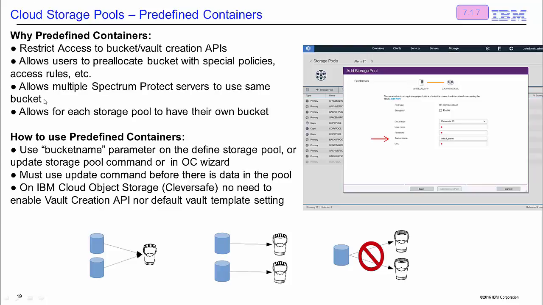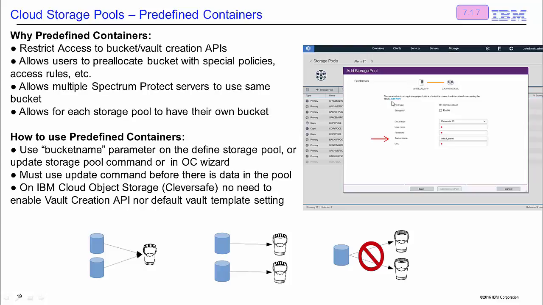It'll also allow multiple Spectrum Protect servers to use the same space out there on the bucket. And it allows for each storage pool inside of Spectrum Protect to have their own buckets. You could either have multiple storage pools using one bucket, you could have each storage pool having its own bucket, but you cannot have one storage pool having multiple buckets.